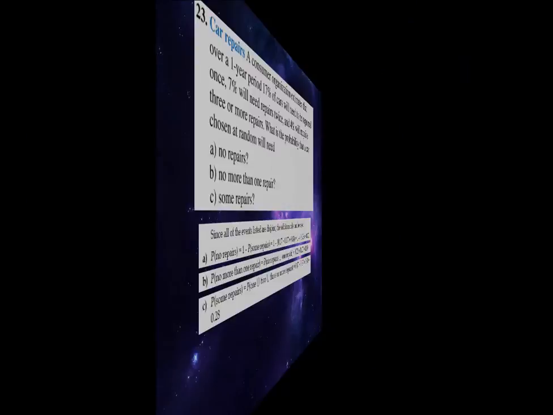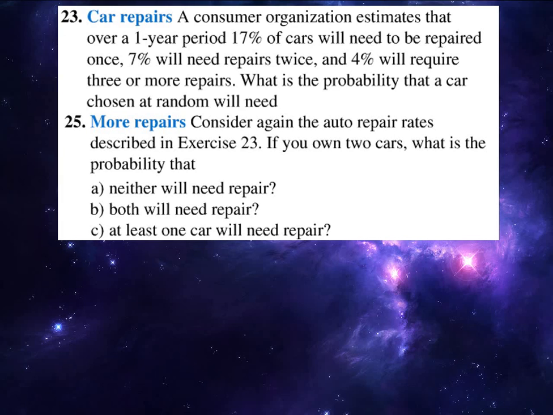What happens if I use that same probability distribution and I'm now dealing with 2 cars? Give those a shot. Quiz next class, don't forget. Quiz.